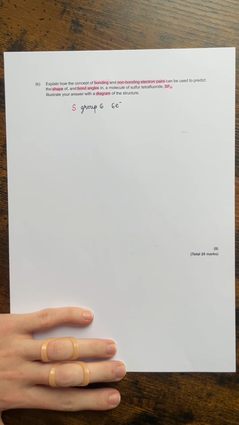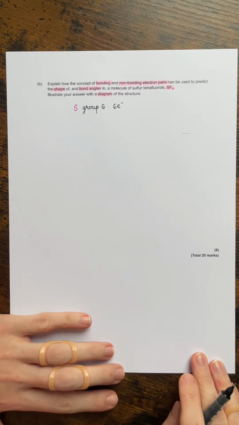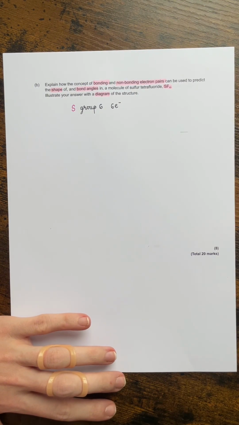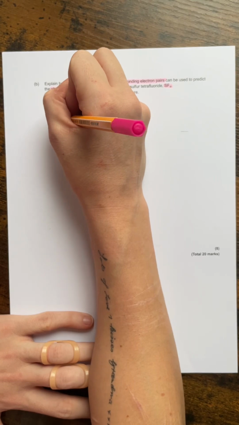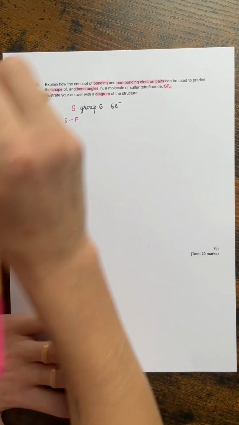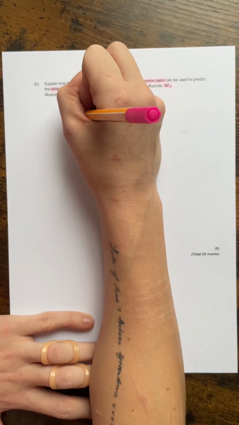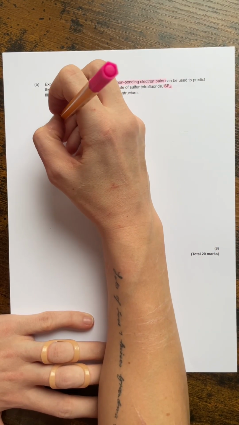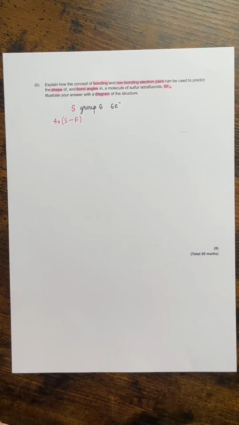Then I would have a look at how many bonds the sulfur is forming with however many fluorines we've got. So we have got sulfur to fluorine bonds that are going to be formed, and we're going to have that 4 times because we've got tetrafluoride, so 4 lots of sulfur to fluorine bonds.